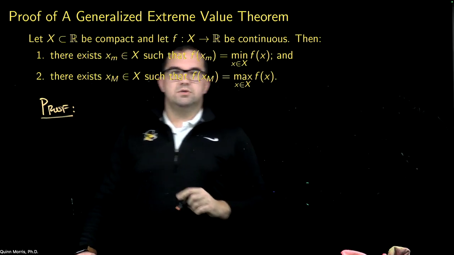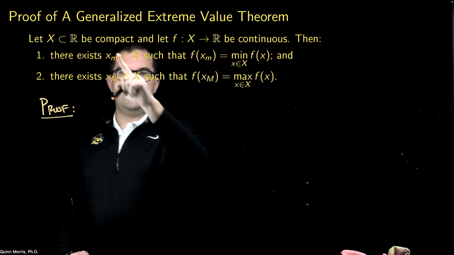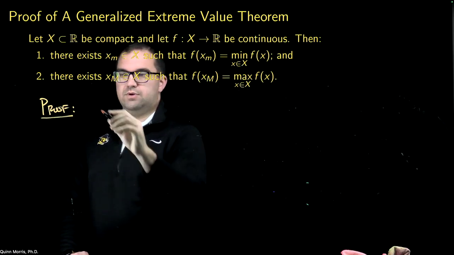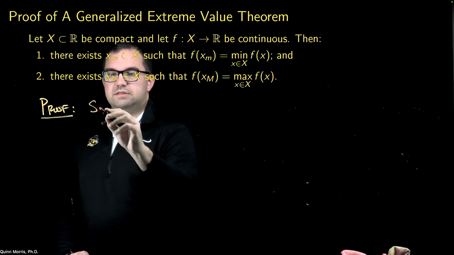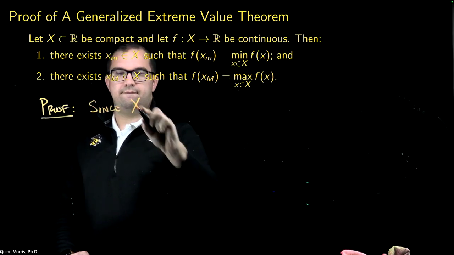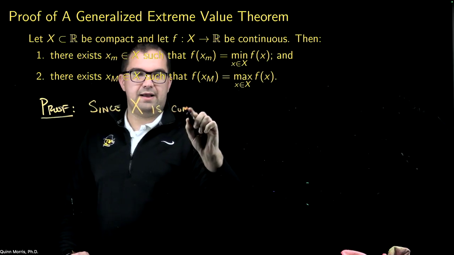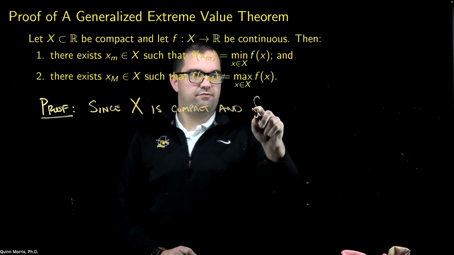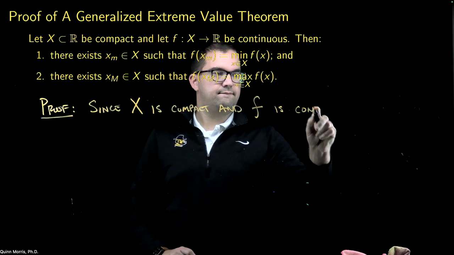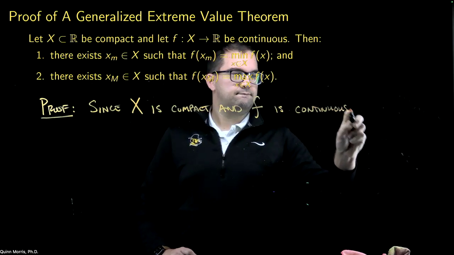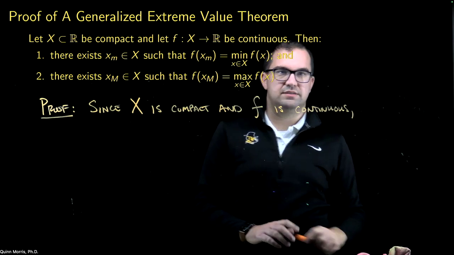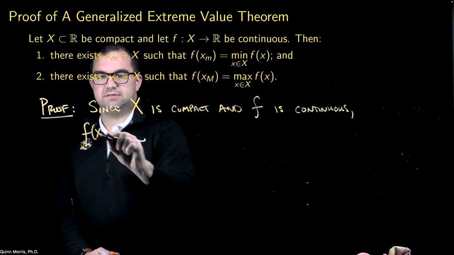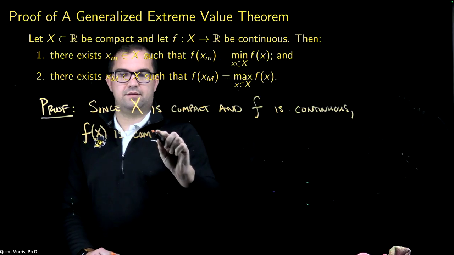All right. So I'm going to assume here that X is a compact subset of R, and f from X into R is continuous. So since X is compact and f is continuous, our previous lemma tells us that f of X is compact.